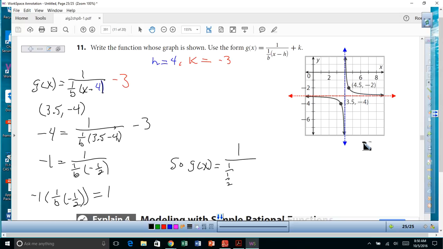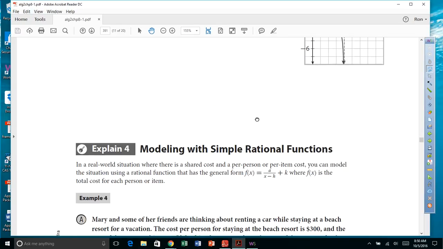Was it negative? No. And then you've got x minus 4 minus 3. Well, you got to do a little arithmetic there, and that's going to give you 1 over 2 times x minus 4 minus 3. All right, good.